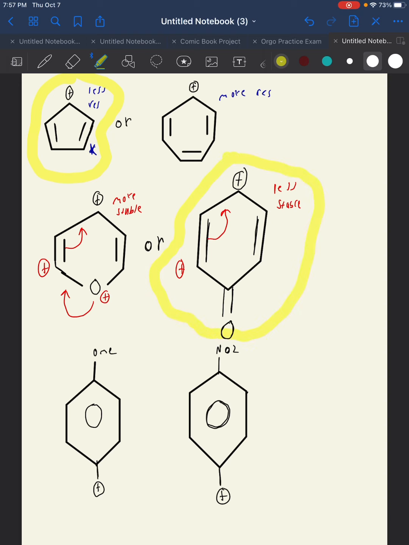So moving on, we have two benzene rings, and they each have a primary carbocation on them, and one has an electron donating group and one has an electron withdrawing group. So this is your electron donating group, and this is your electron withdrawing group. Now we know that electron withdrawing groups make carbocations less stable.